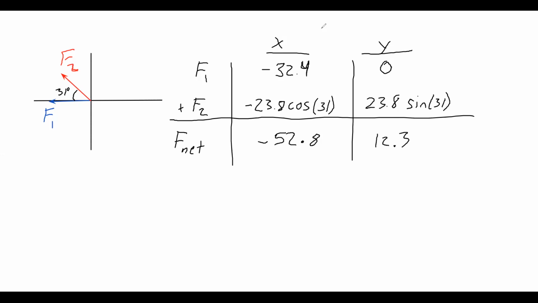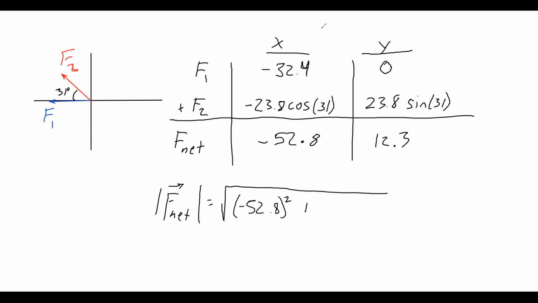Okay, so last step here. Find the magnitude of F net. We just take the square root of that 52.8 squared plus 12.3 squared. And that gives me our final answer.